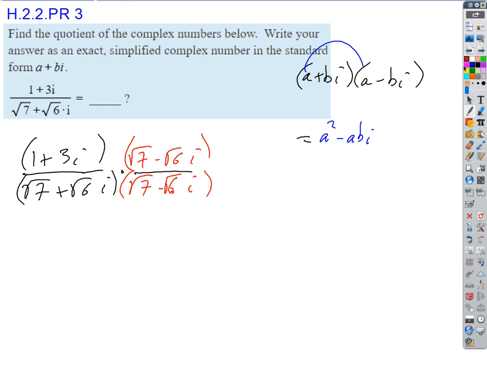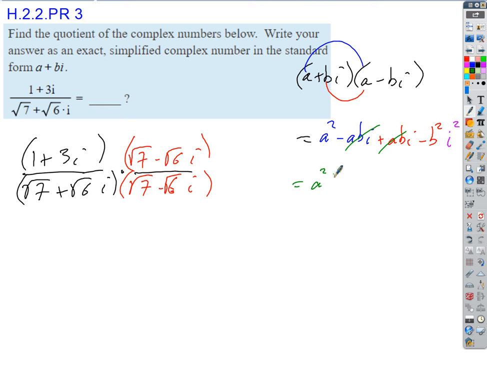If I distribute the bi, I get plus abi minus b squared i squared. So a couple important things happen there. What happens to the cross terms? They always cancel, right? Every time they're going to cancel. So I end up with an a squared. Now what's minus b squared times i squared?